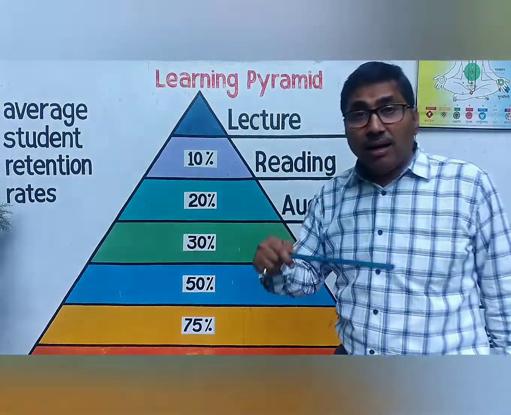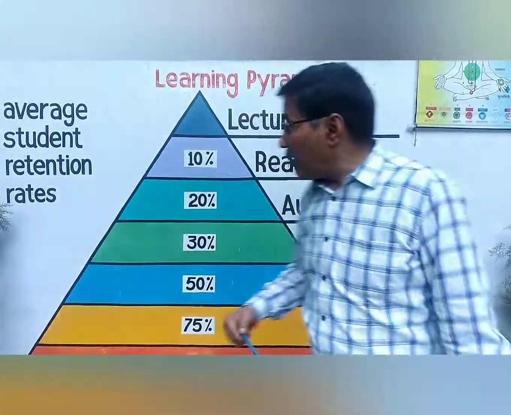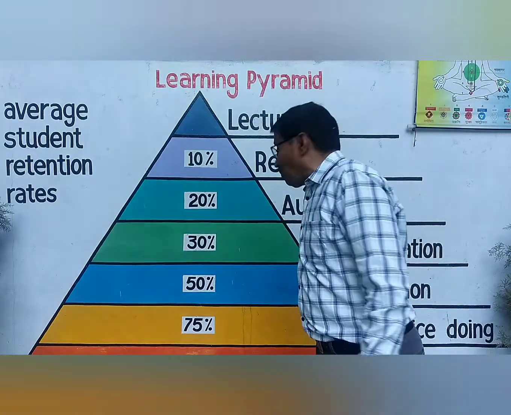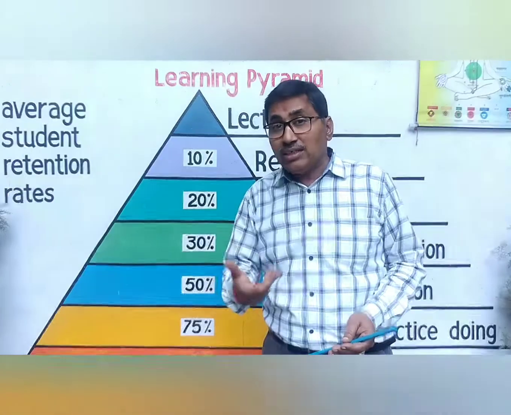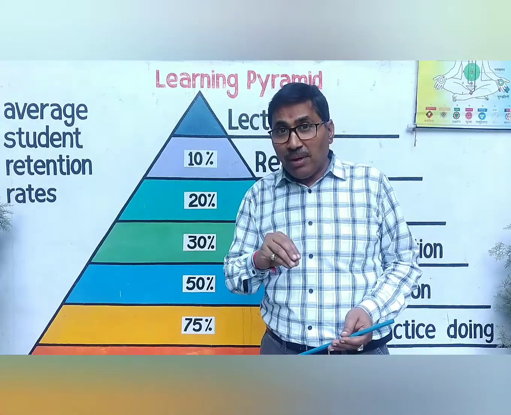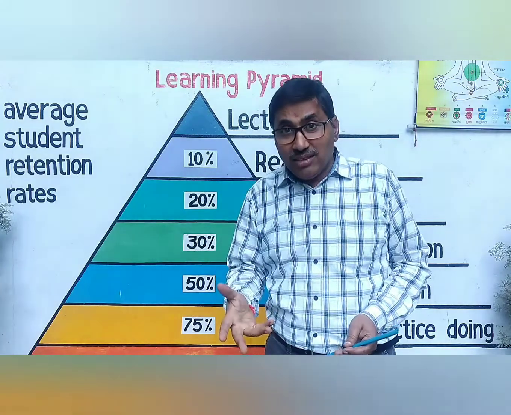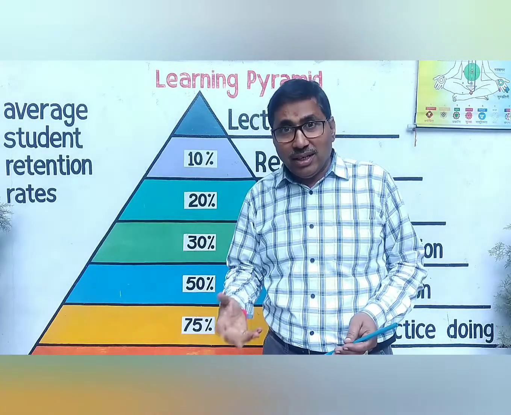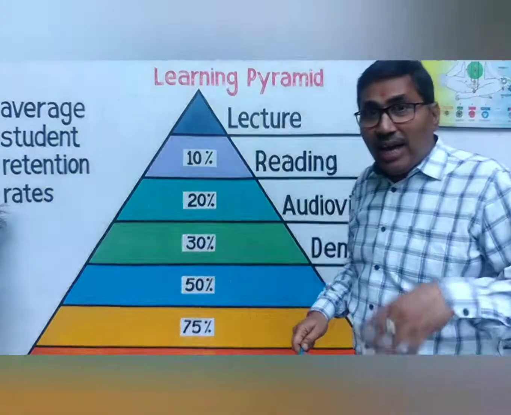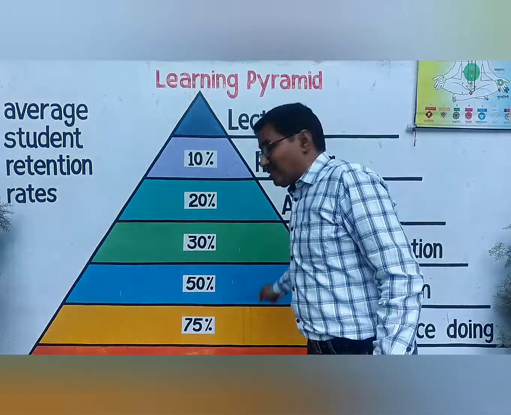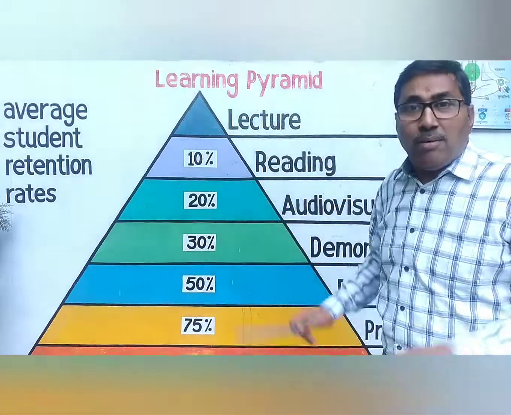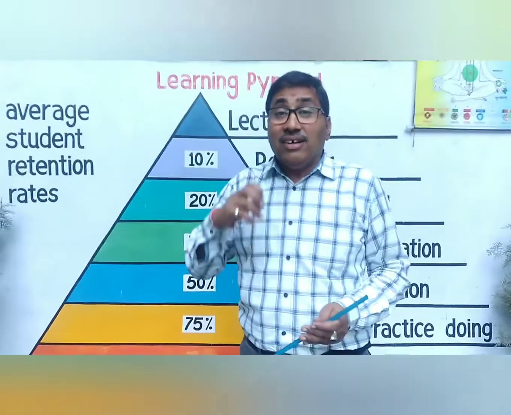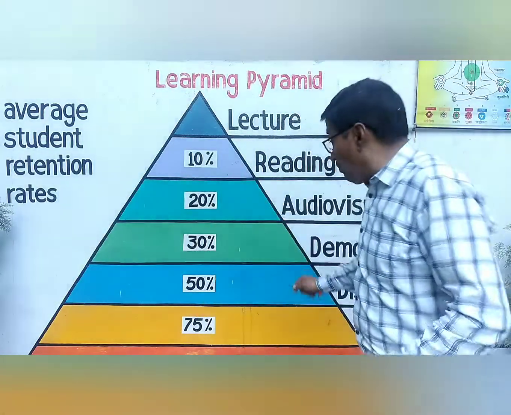The previous knowledge is very important. When you have something remembered, as theory, as facts, then you can analyze it, then you can discuss. So discussion is the method by which we can retain our learning 50%.